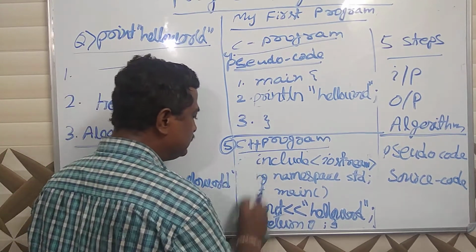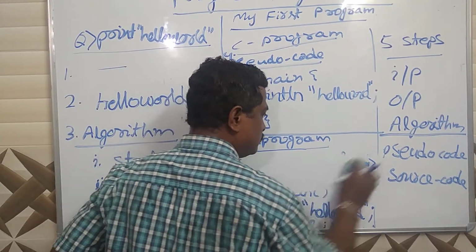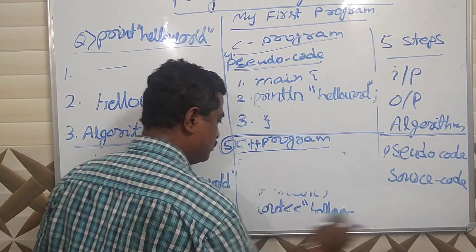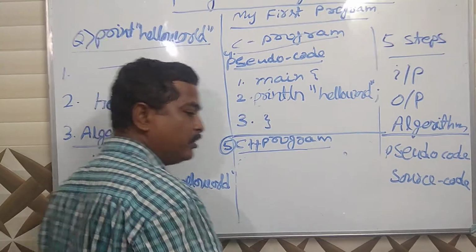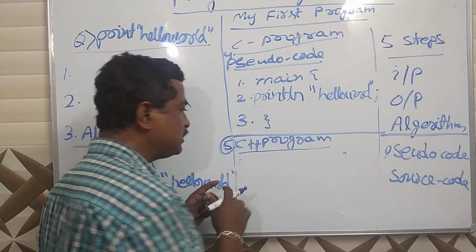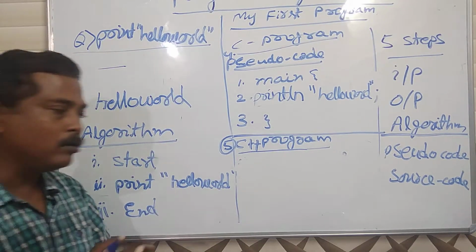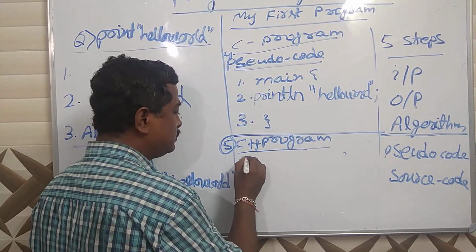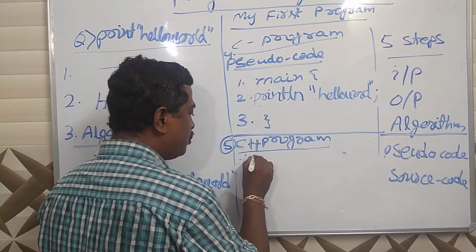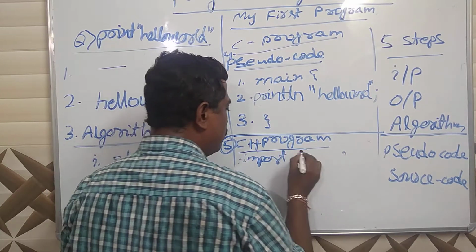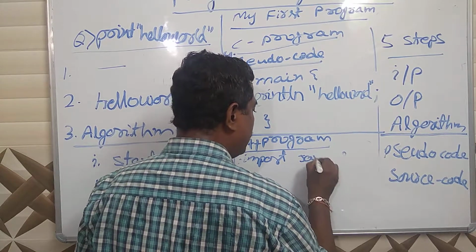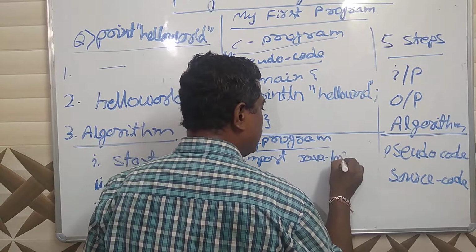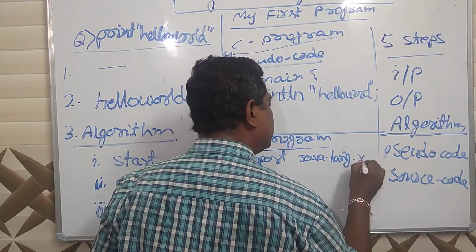Okay, what are the changes? If you are using an online compiler, import statements are not required. If you are using an offline compiler, it may require import java dot lang dot asterisk.